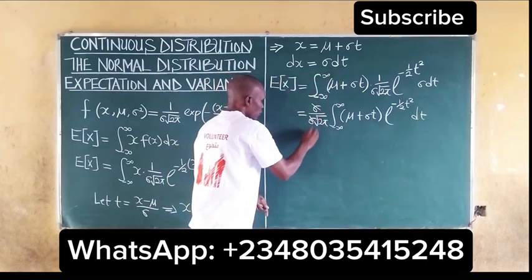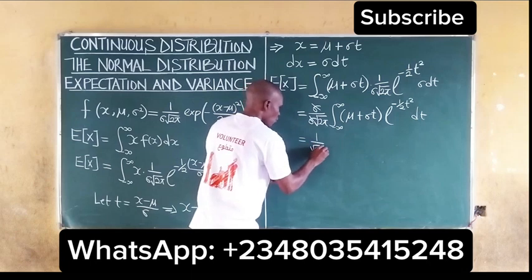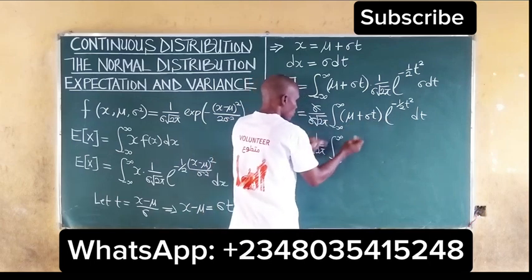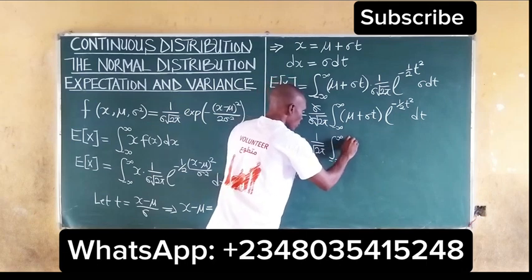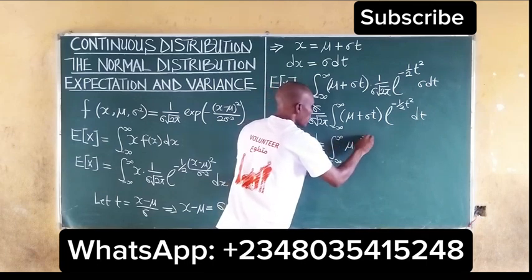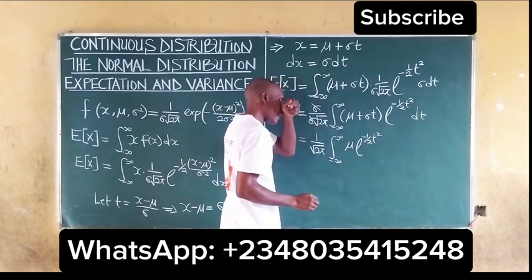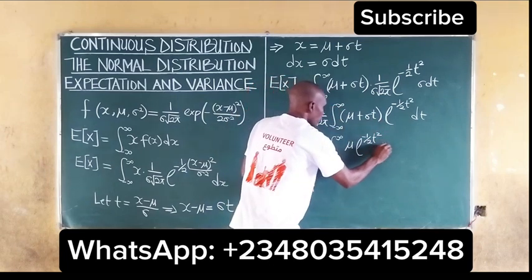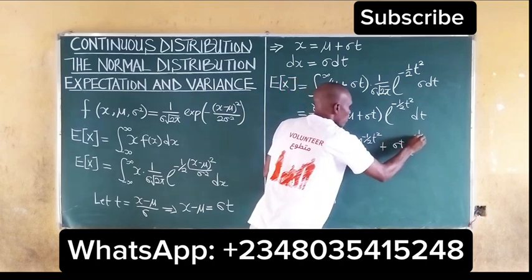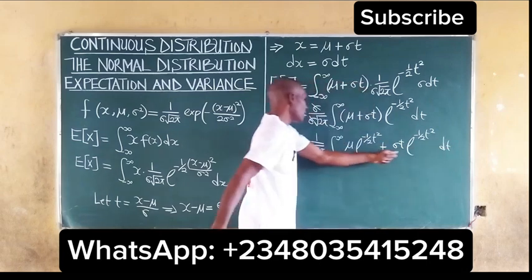Of course, the sigma will cancel to give us 1 all over square root of 2 pi into the integral from negative infinity to infinity. This will multiply the whole of this to give us mu exponential negative 1 all over 2 t squared. We are also multiplying by plus sigma t exponential negative 1 all over 2 t squared, then dt. Dt is acting on all of this.